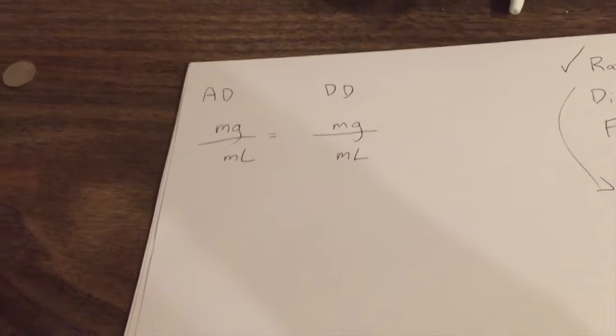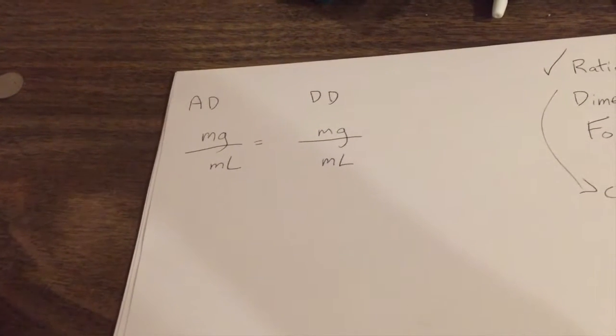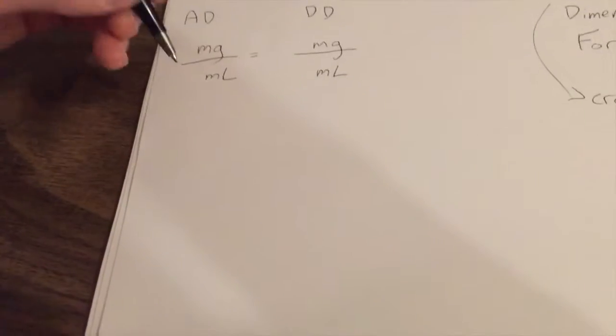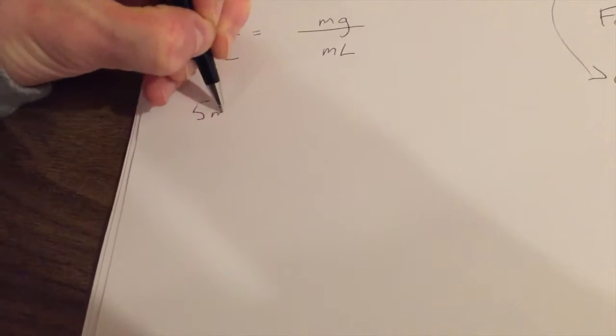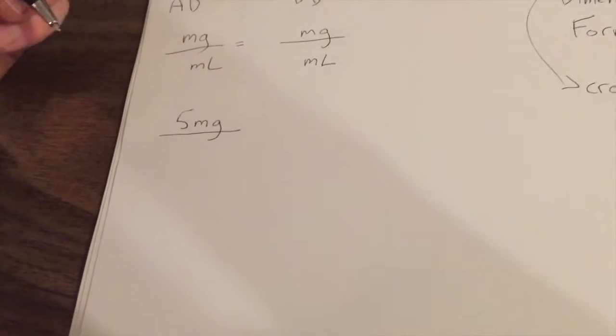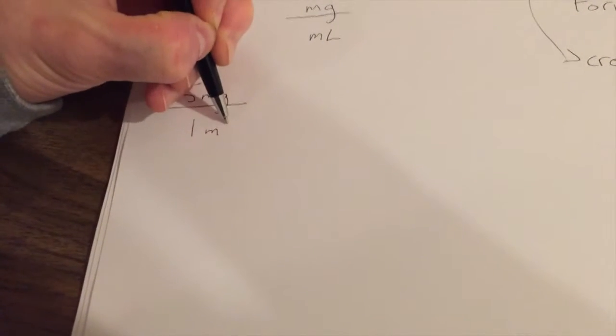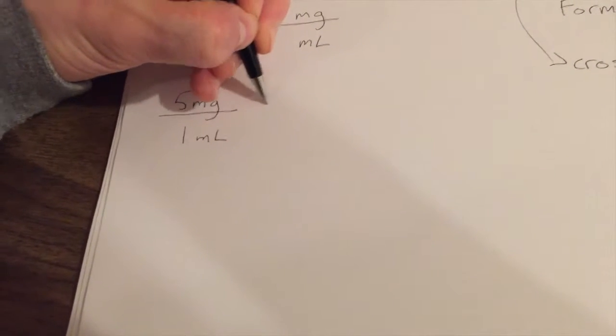So say you have an ampule or a vial of something that has 5 milligrams of medication. Maybe it's penicillin, I don't know, could be anything, per 1 milliliter of liquid. So that's your available dose that states on the vial or ampule.